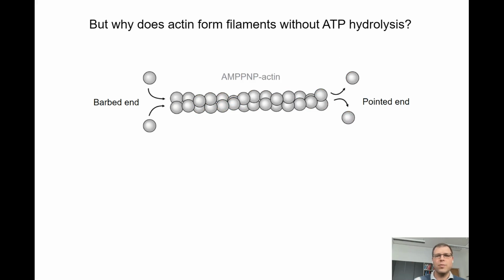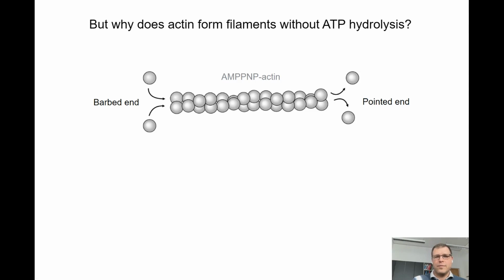For example, you can replace ATP with a non-hydrolyzable ATP homolog, AMP-PNP, and you would still get filaments. And also you can polymerize actin just from ADP actin. And there have been papers that you can polymerize actin with no nucleotide at all. So, okay, how can we explain this?